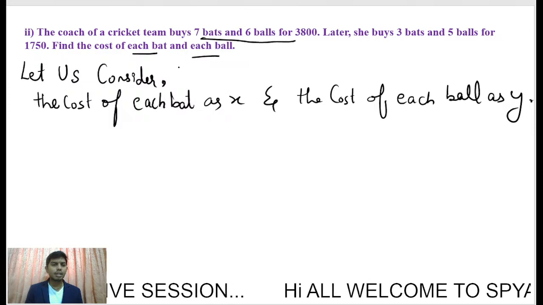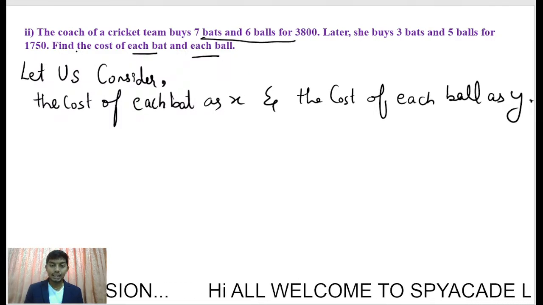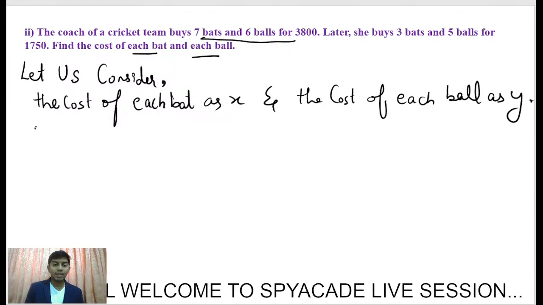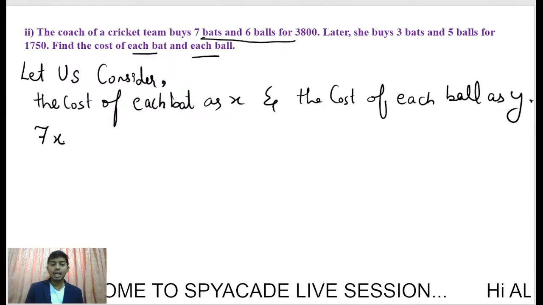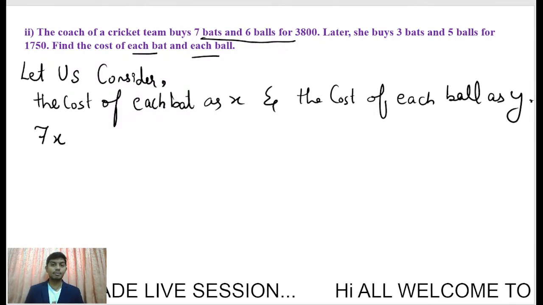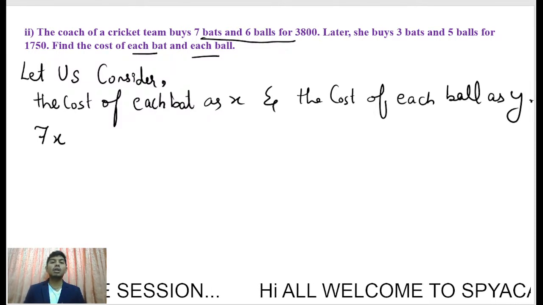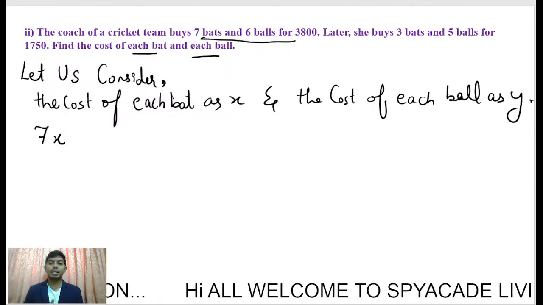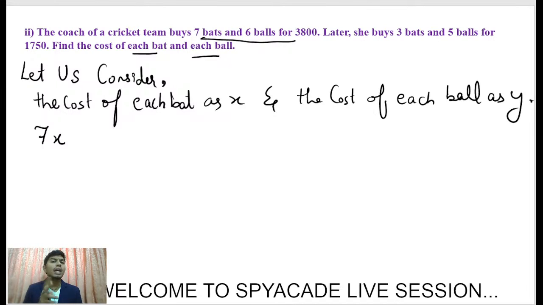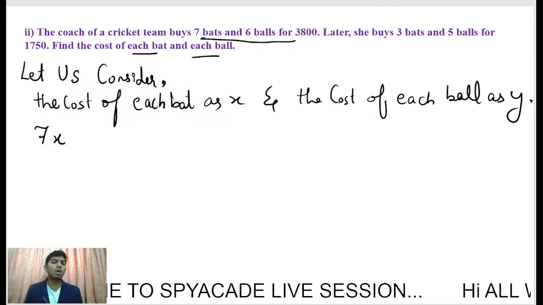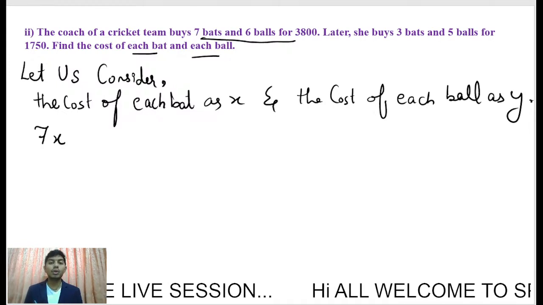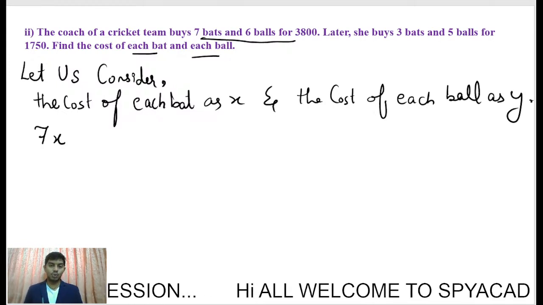In the question, the coach of a cricket team buys 7 bats and 6 balls. So 7 bats, how much will be the cost? For example, if 1 bat is 100 rupees, then 7 bats will be 700 rupees, because we are multiplying the number of products you require with the cost of each product.